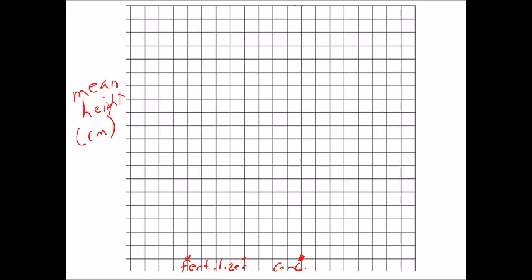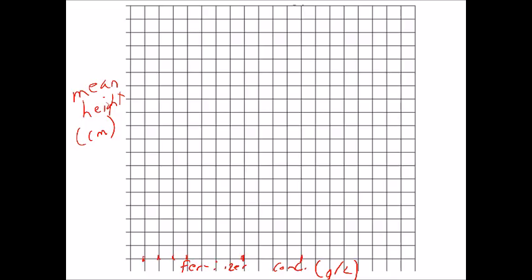So first of all, I want to have 20 grams per liter, 40 grams per liter, and 60 grams per liter. And actually, let's think about this way. So let's say that this was 5, 10, 15, 20. So it would be 20, 25, 30, 35, 40 would be right there. 45, 50, 55, 60. So we're making each one of those be 5 grams per liter.